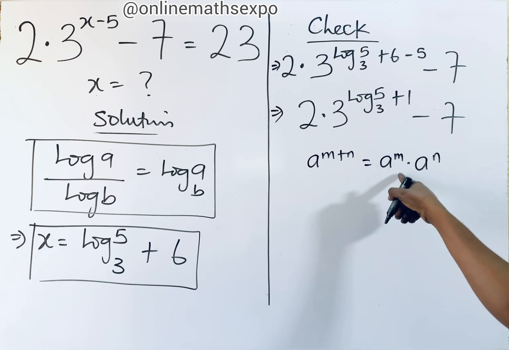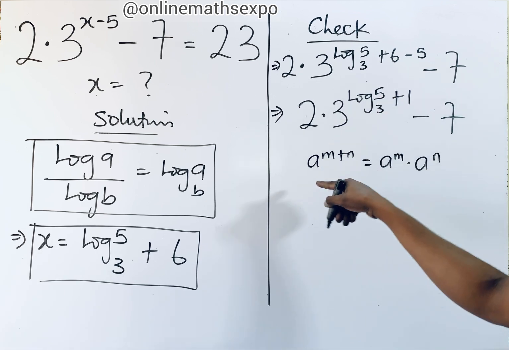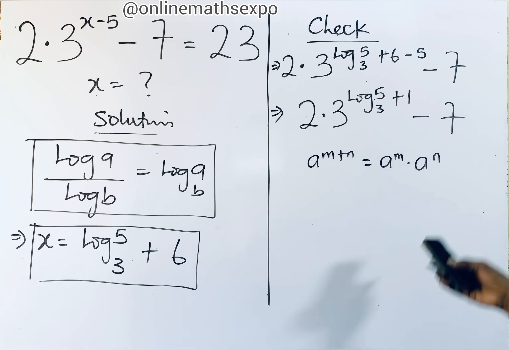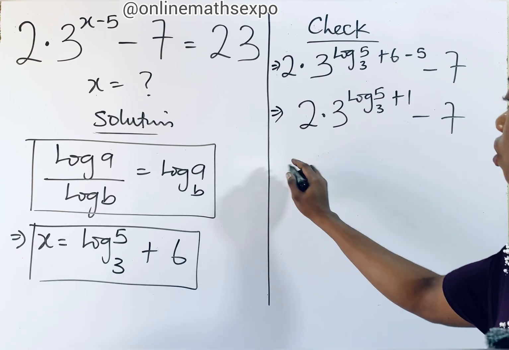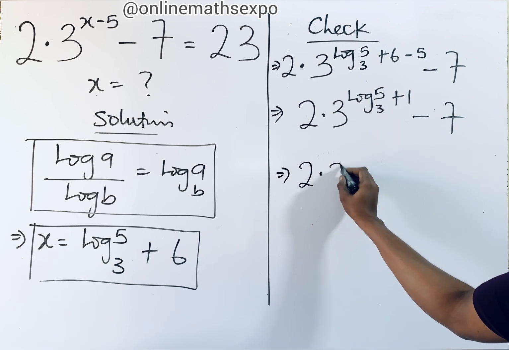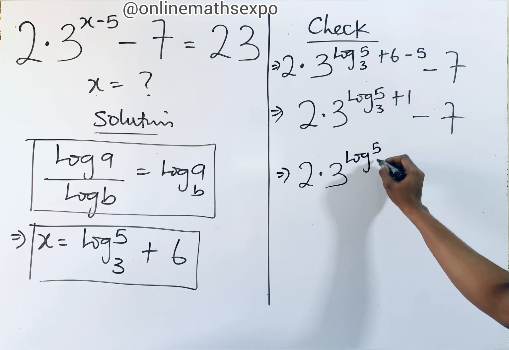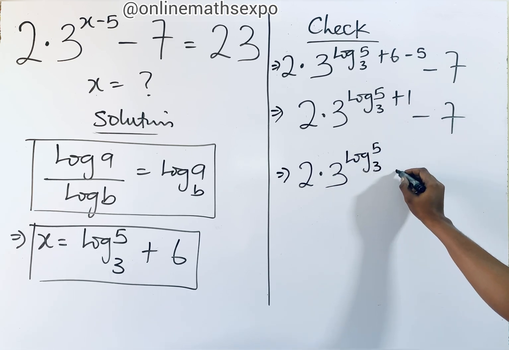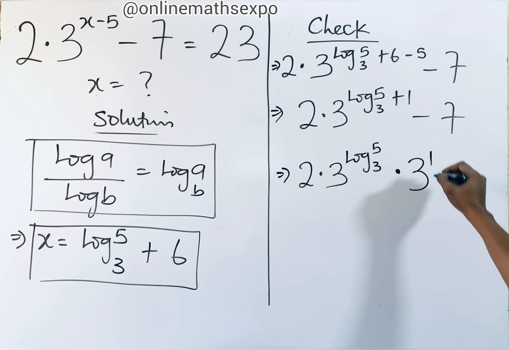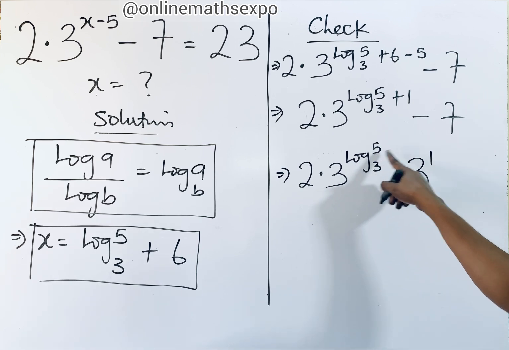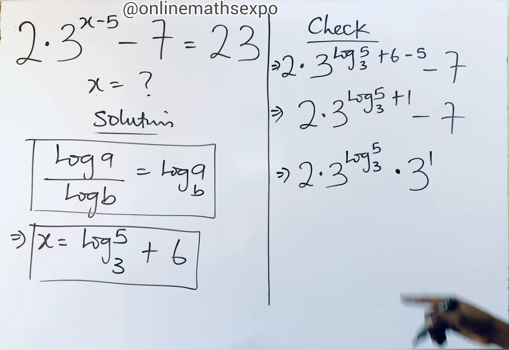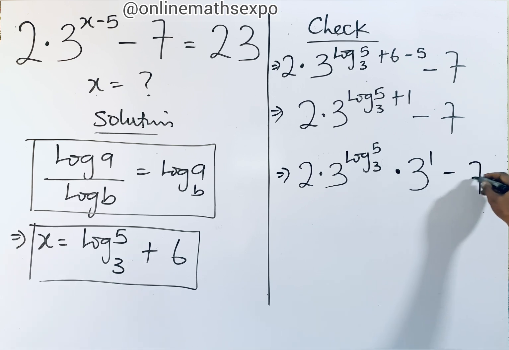Okay, so we are going to apply this here, and to do that we are going to have 2 multiplied by 3 to the power of log of 5 base 3. This will turn to multiplication, then you have 3 to the power of 1, so that you can add this to, it gives you back this. Did you see? Then minus 7.